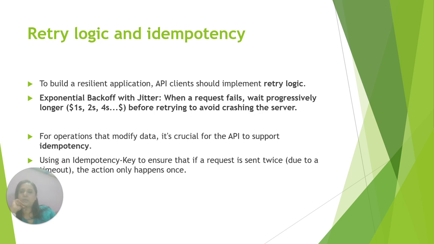And for operations that modify the data, it's crucial that we use idempotency keys, which ensure that if a request is sent twice, or there's a duplicate request where there has been a timeout in the middle, this action happens only once. So these are the two techniques that we need to follow for server related issues or network glitches.